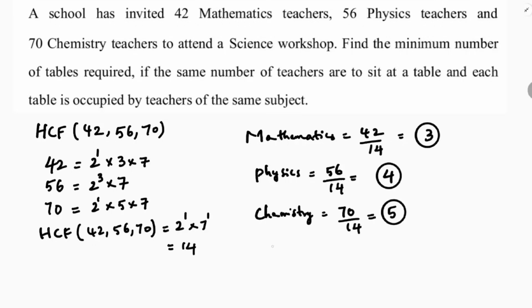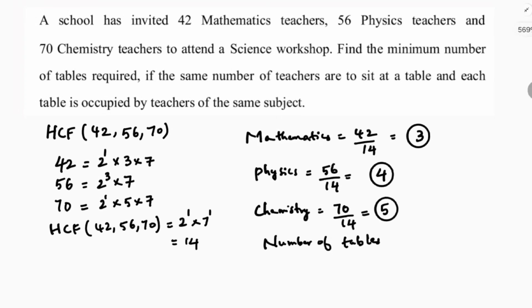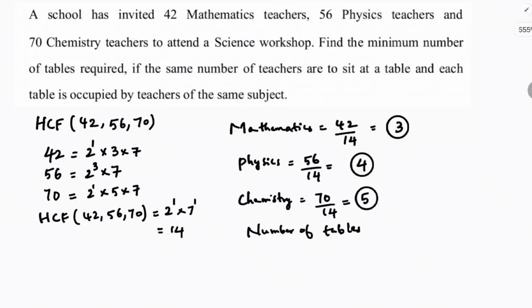So the total number of tables required is 3 plus 4 plus 5, which is nothing but 12. 12 tables are required.